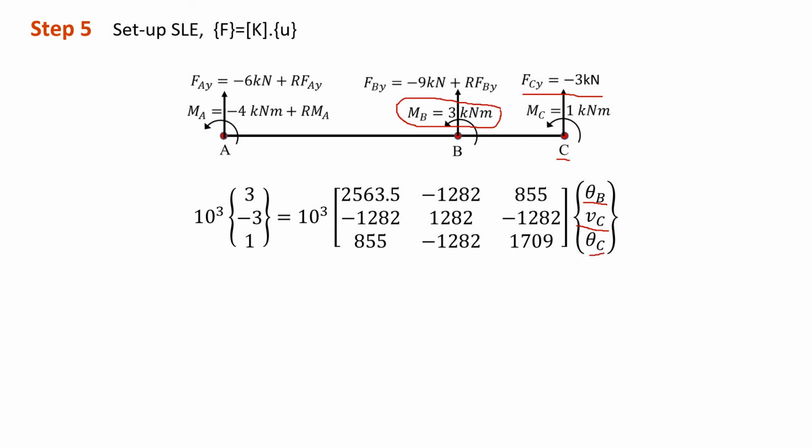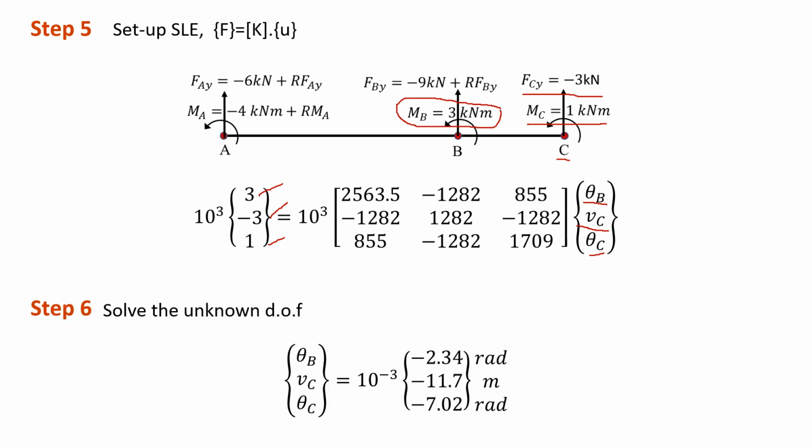Again, for rotation, we need to refer to the moments because rotation is caused by moment. So for theta C, we need to use moment C. That's why we have these values coming from MB, FCY, and MC. By knowing these 3 values, we can use the calculator to obtain the unknowns, as shown in this slide.